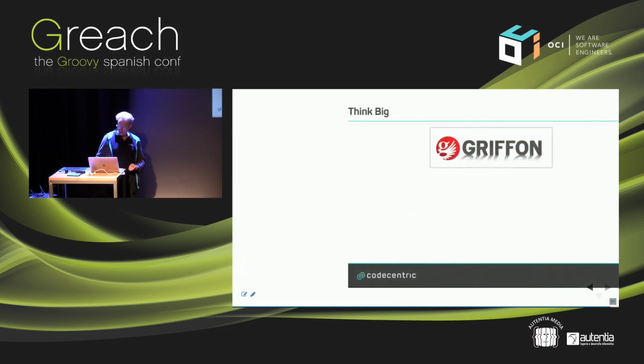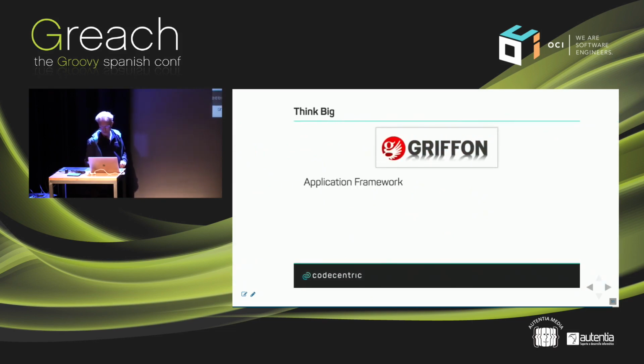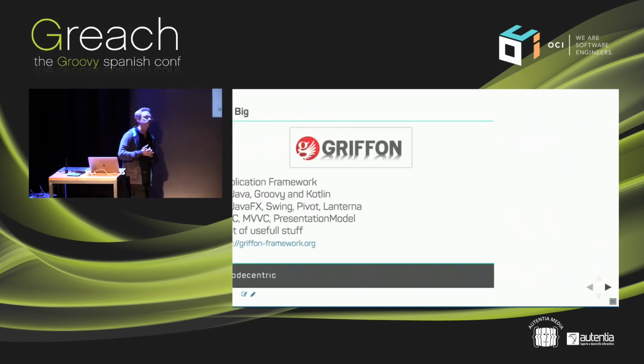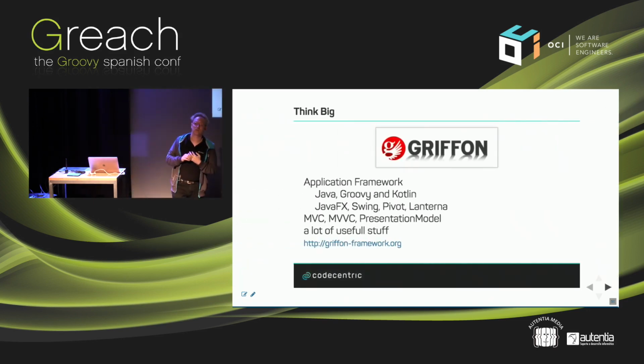And for the end, if you plan to do an application, and it's not just a small one, then I really want to point you to Griffon. Griffon is a toolkit agnostic and language agnostic framework for writing desktop applications that has good support for JavaFX, and if you're using Groovy, using GroovyFX, but you can also do it with Scala, Kotlin, and write code in Java.